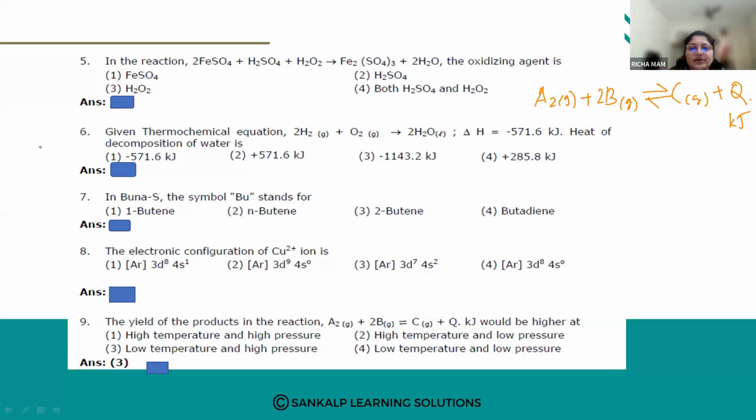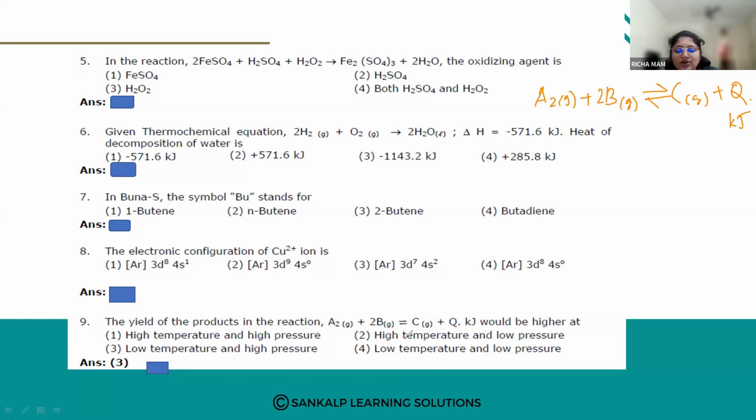So what will happen here? According to Le-Chatelier's principle, when you increase the pressure, it will shift the equilibrium to the side of fewer moles of gas.